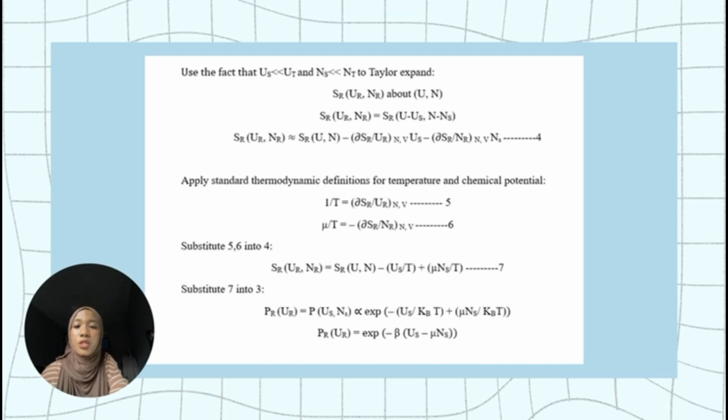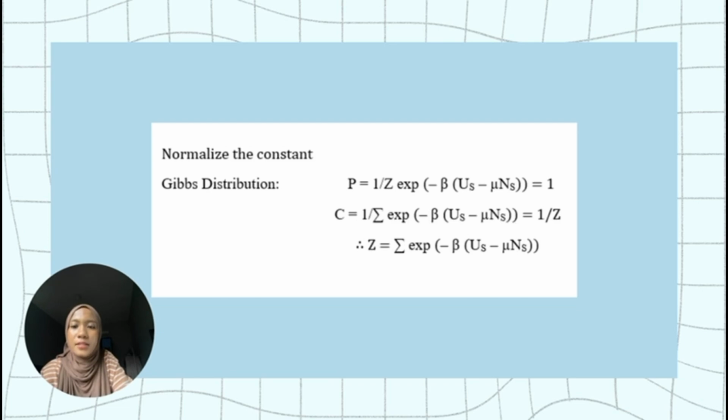So we obtain equation 7: the entropy of the reservoir equals the entropy of the reservoir at U and N, minus the energy of the subsystem over T, plus chemical potential times the number of particles in the subsystem over T. We substitute 7 into 3, and we get the probability equal to exponential of negative beta times the energy of the subsystem minus the chemical potential times the number of particles of the subsystem. Then we normalize the constant. We use the Gibbs distribution.